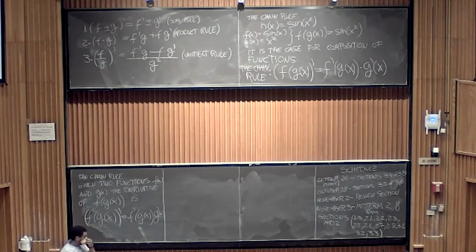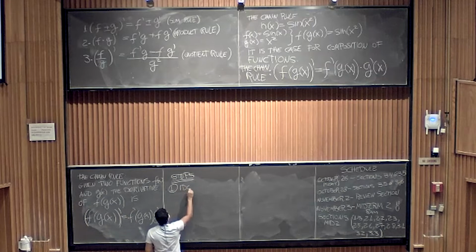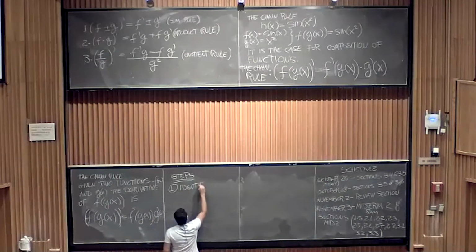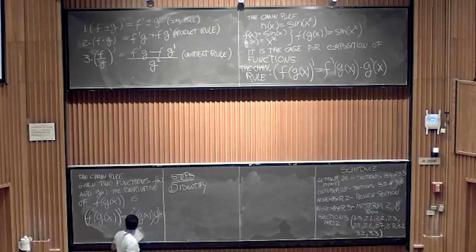Great. So steps that you have to do. So steps to follow. You have a couple of steps to recognize when you have a situation of composition of function. You're going to identify what is going to be the outside function and the inside function.